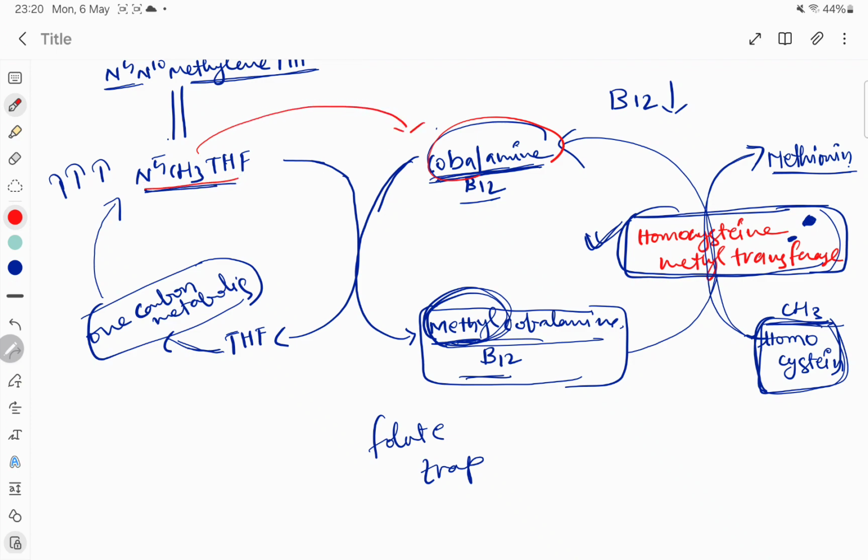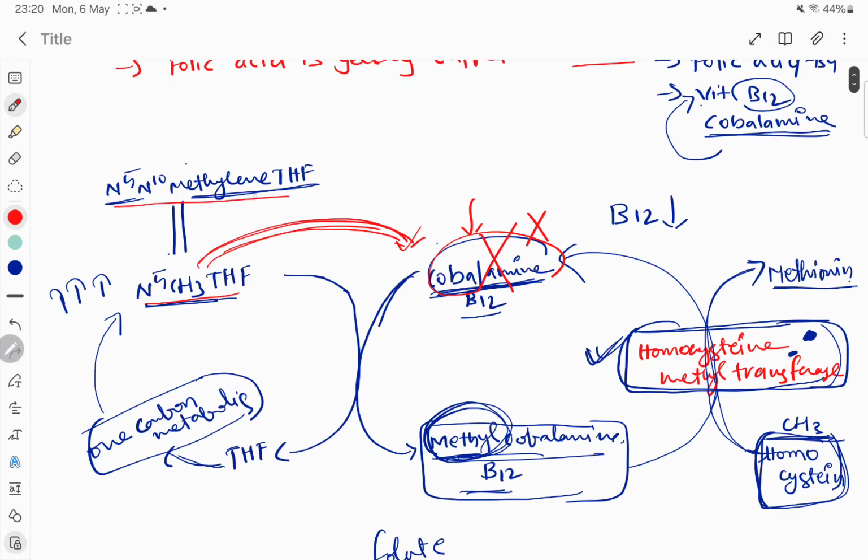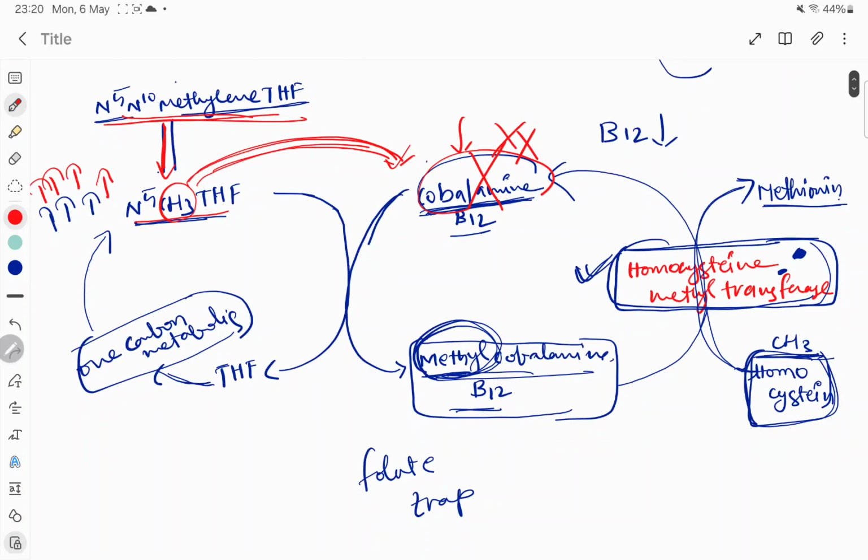The role of N5 methyl tetrahydrofolate is to donate a methyl group to cobalamin. If cobalamin is absent, which means the person is deficient, who will obtain the methyl group from the tetrahydrofolate? There is no one to take it up. But N5 N10 methylene tetrahydrofolate is continuously synthesizing N5 methyl tetrahydrofolate, and there is no one to use it. So this N5 methyl tetrahydrofolate will increase.